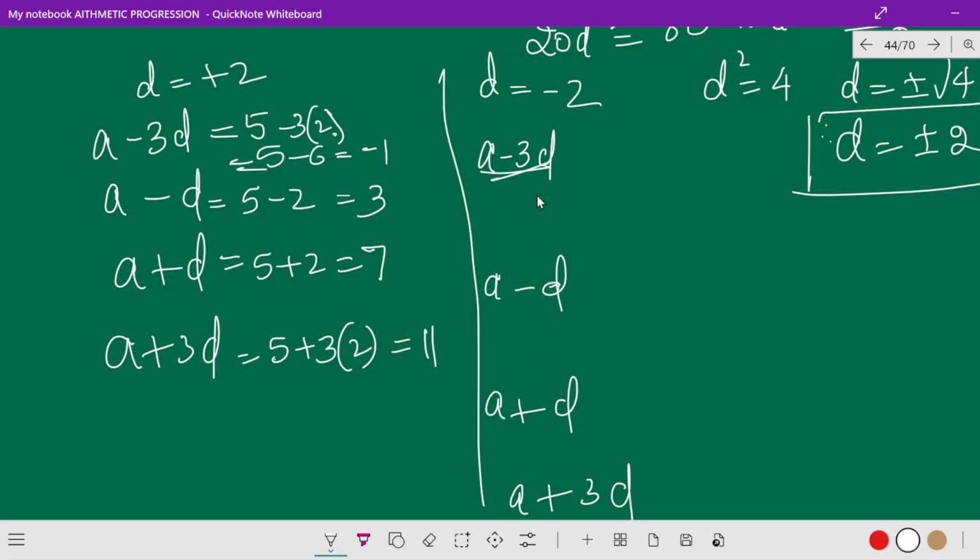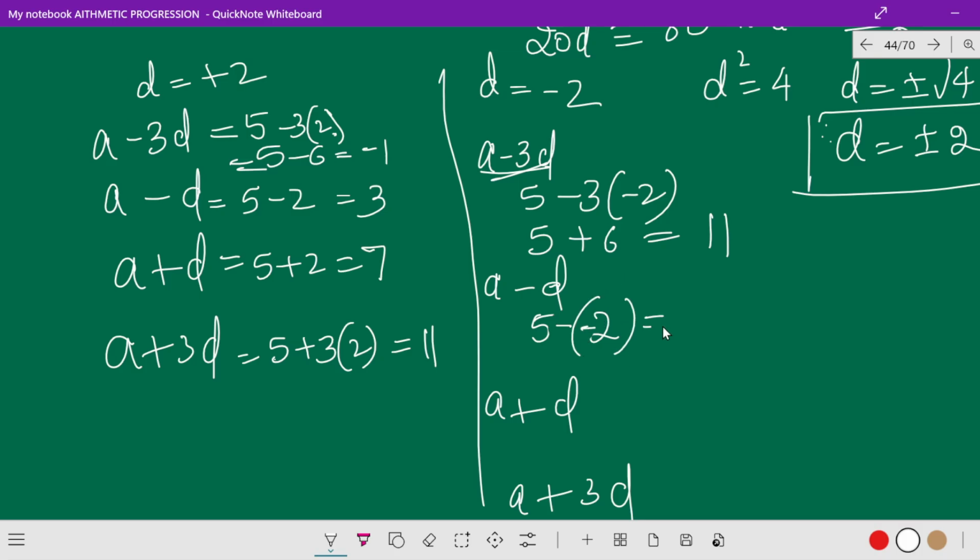So if I take d as minus 2, the A value we know is 5. 5 minus 3 into minus 2. That will become 5 plus 6. The answer is 11. Then 5 minus d, minus of minus 2, which is 5 plus 2, the answer is 7. Then A plus d, A value is 5, d value is minus 2.